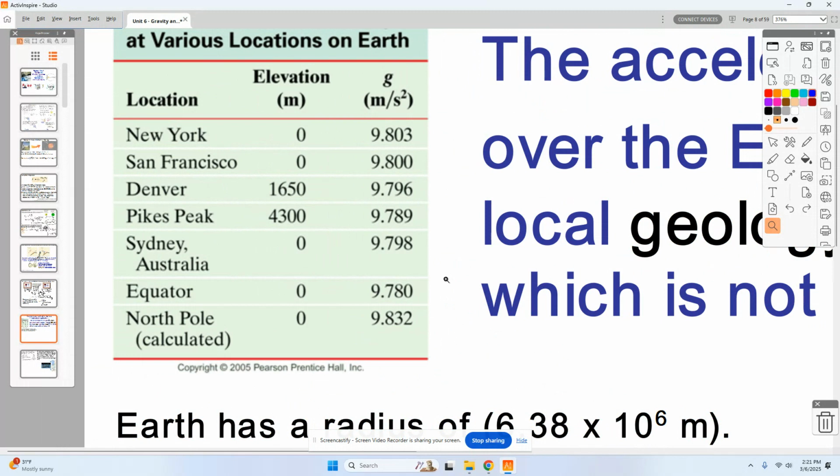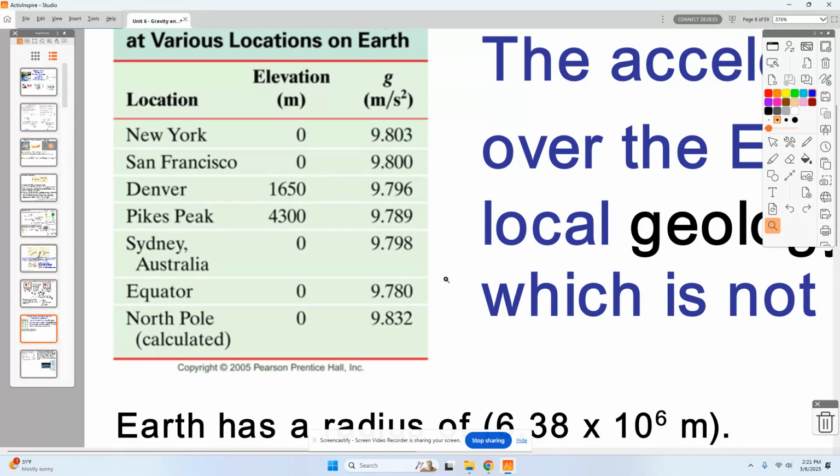Field goal kickers can kick a ball further there than other places. The value for g there, because we're further away from the center of the Earth than normal, is a little bit smaller. Pikes Peak is a mountain in the Colorado area, and anytime you go up in elevation, you lose some of that value for g.